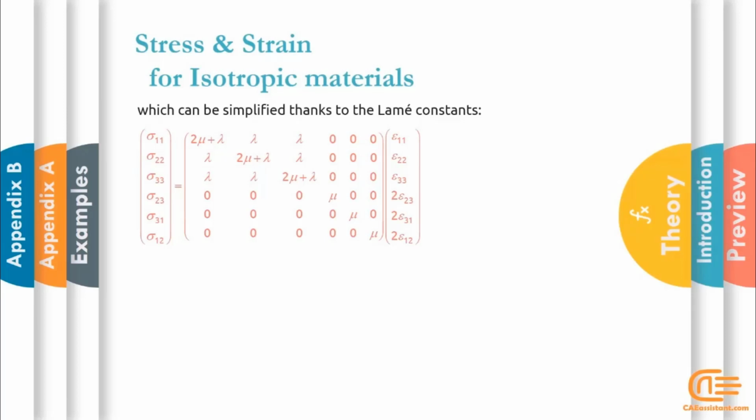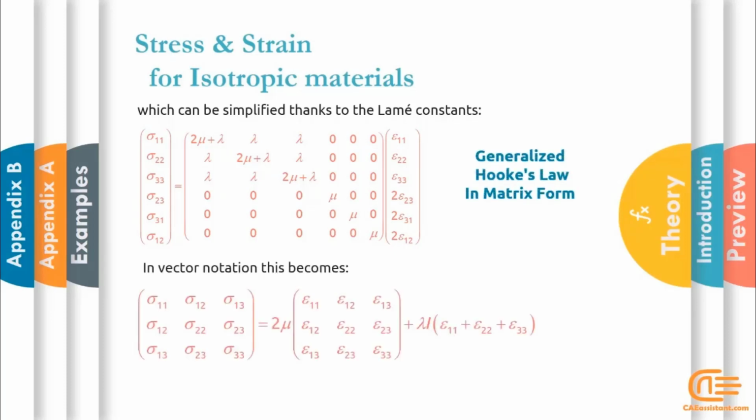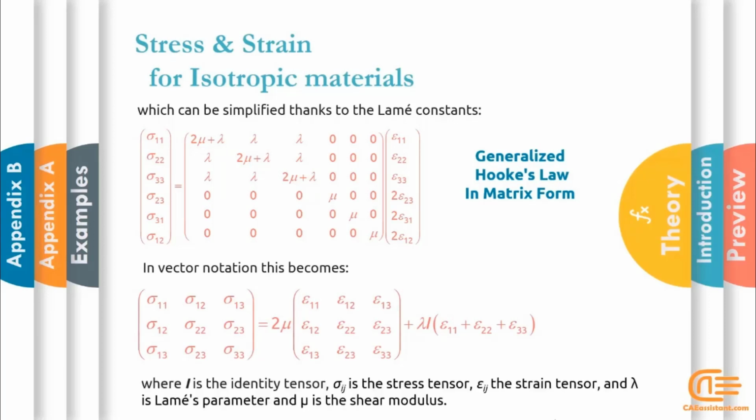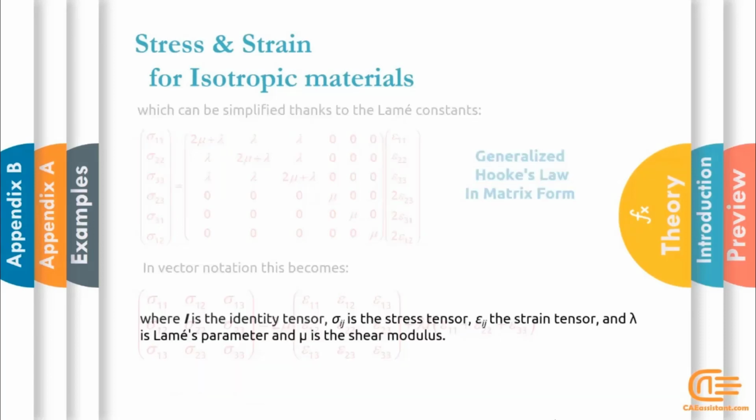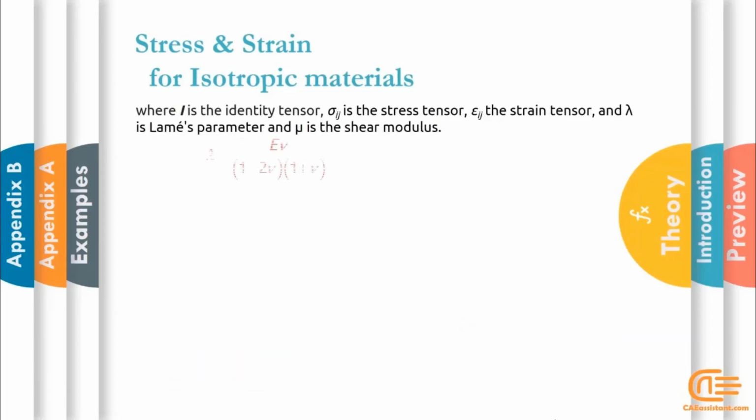In vector notation, this becomes like this, where I is the identity tensor, sigma ij is the stress tensor, epsilon ij is the strain tensor, lambda is Lamé's parameter, and mu is the shear modulus. The shear modulus is sometimes indicated by G, and the Lamé coefficient and shear modulus can be defined as follows.